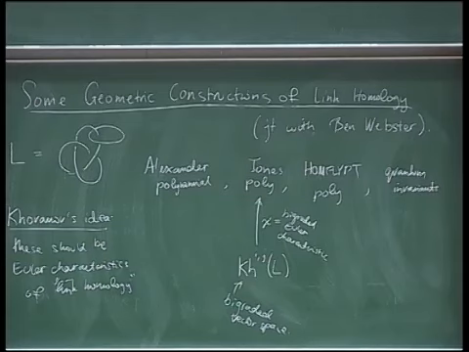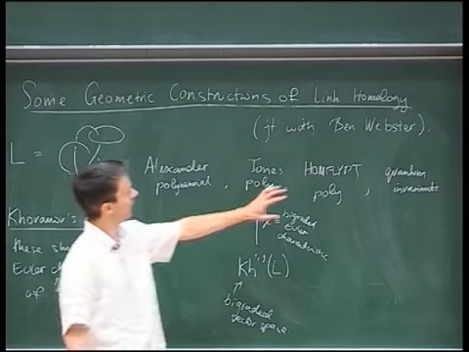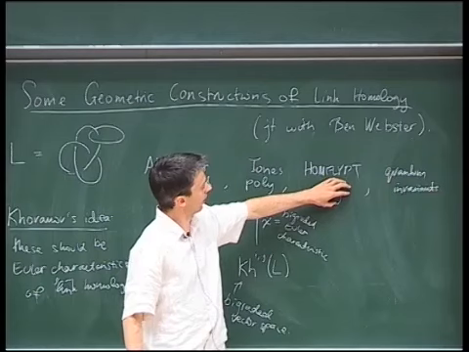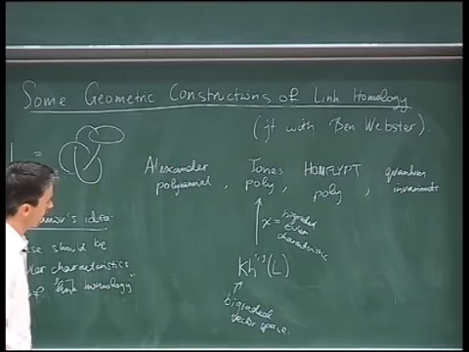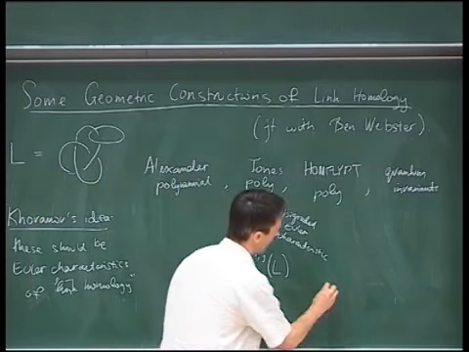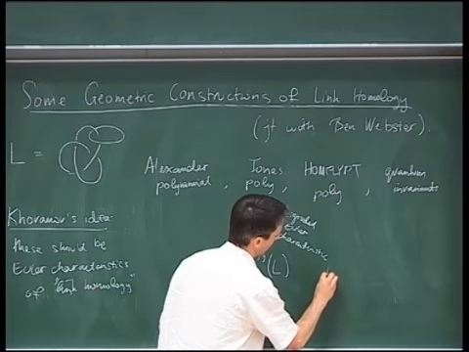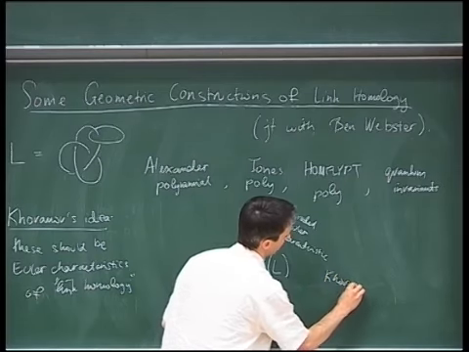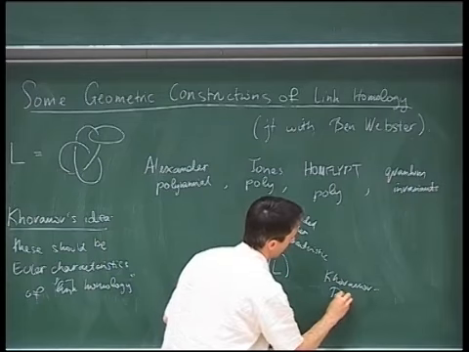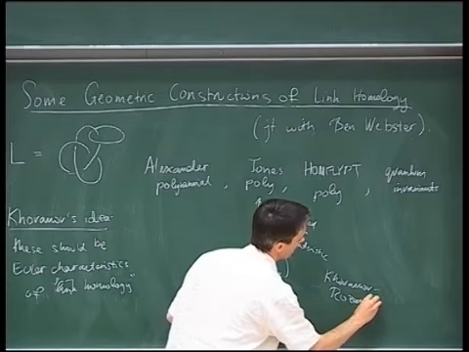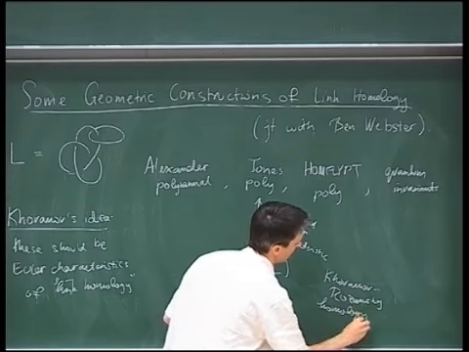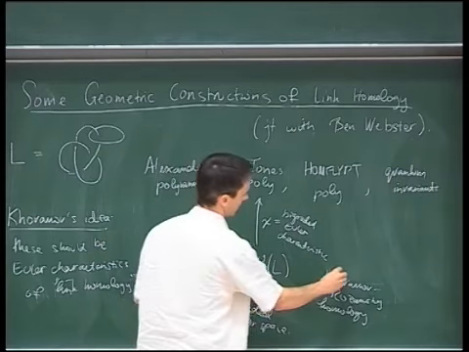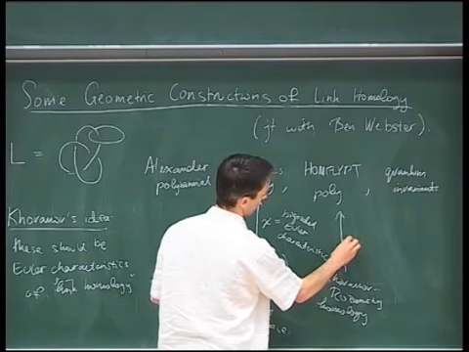And today, the focus will be on the categorification, or the link homology, belonging to the HOMFLY polynomial, which is called Khovanov-Rozansky homology, or triply graded homology, or also HOMFLY homology.